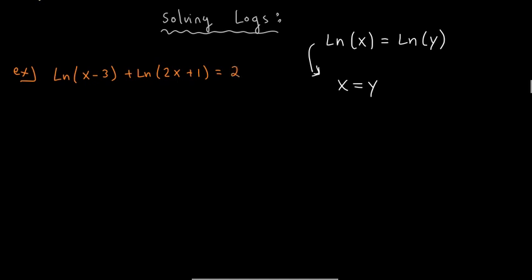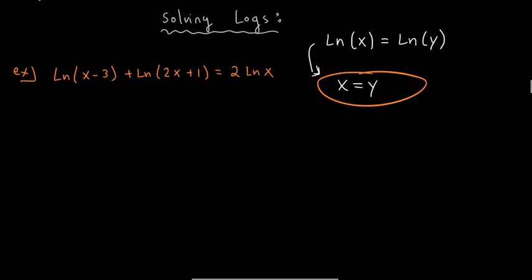We're going to solve this by hopefully getting this to look like the natural log of something equals the natural log of something, and then just setting the two things equal to each other.